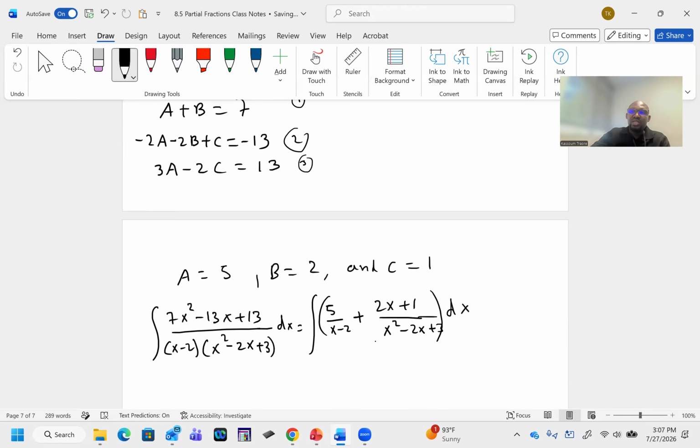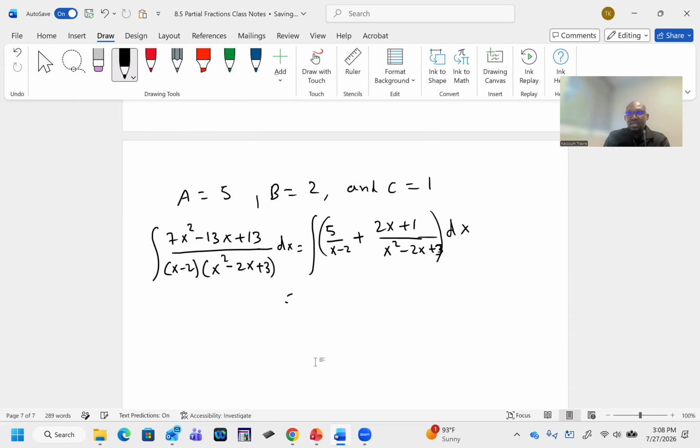So what I'm about to do is, because the first fraction is easy to find the integral of, I will break it into 2 integrals. So this is the same thing as integrating 5 divided by x minus 2 dx plus the integral of 2x plus 1 divided by x squared minus 2x plus 3 dx.